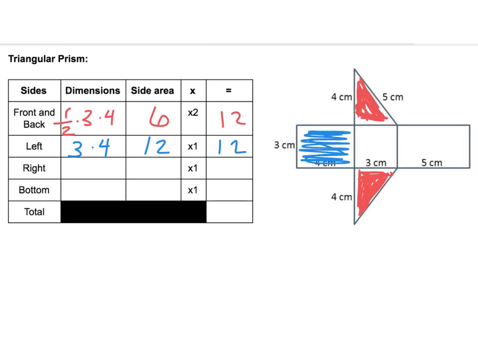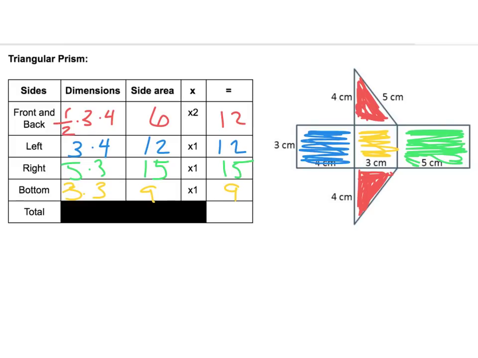The right side is 5 by 3. And that's going to give us a side area of 15. And then last but not least is the bottom. That's going to be a 3 by 3, which makes 9.